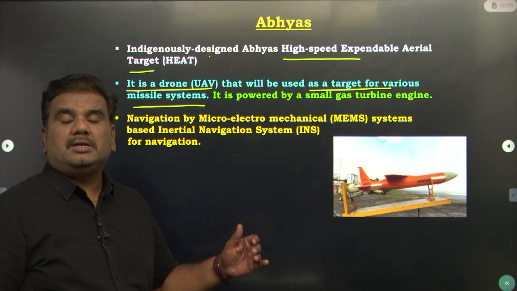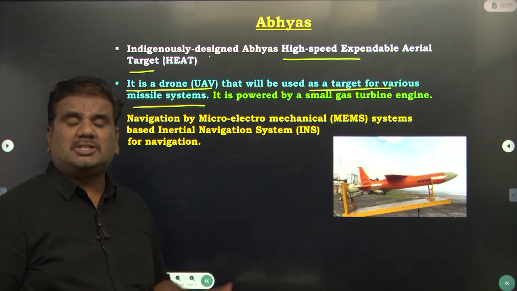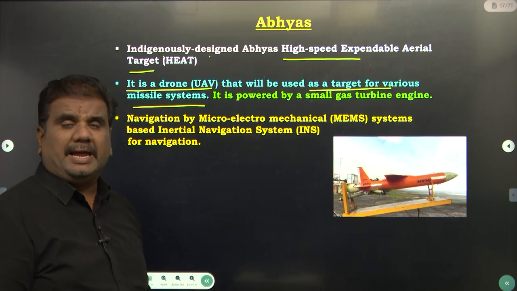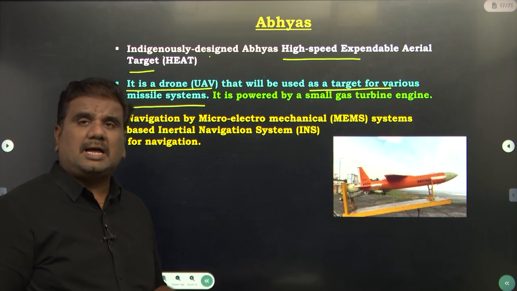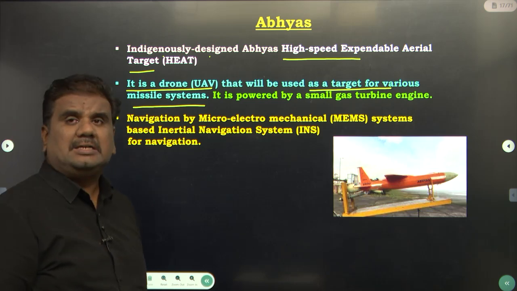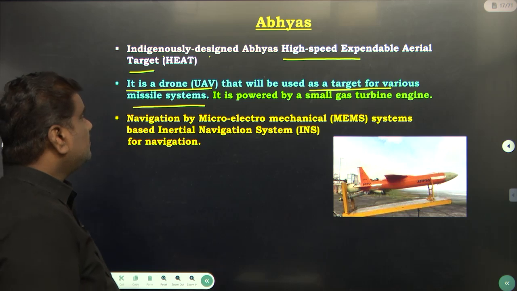That may be Trishul, that may be Akash, that may be the Akash weapon system. So for all these, this Abhyas, a high-speed expendable aerial target, will be used as a target for testing all these technologies.